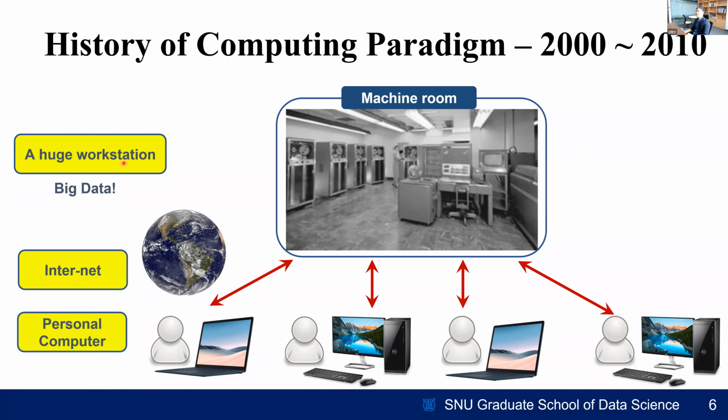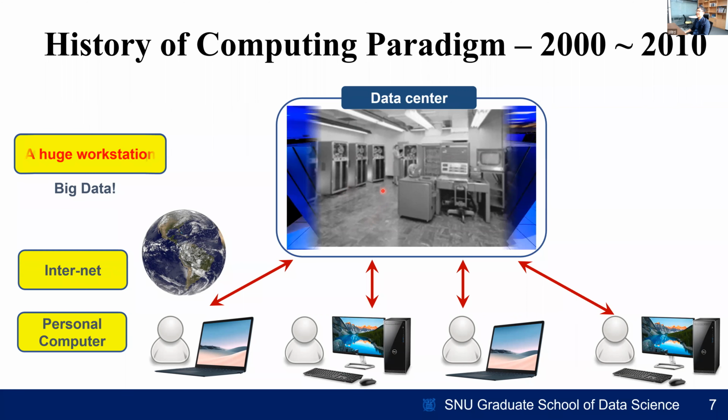Gathering big data is a good thing, but now you see this red colored huge workstation, right? This gigantic server is no longer enough to process and store all of the big data because the data is too big.